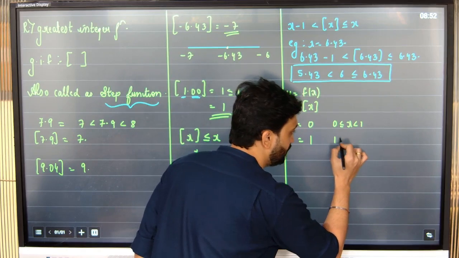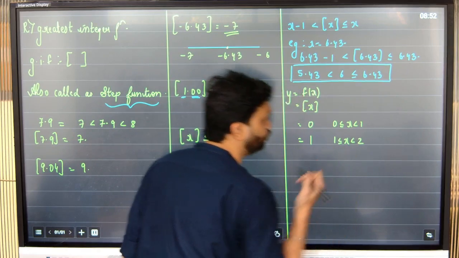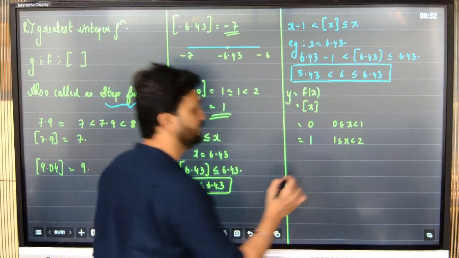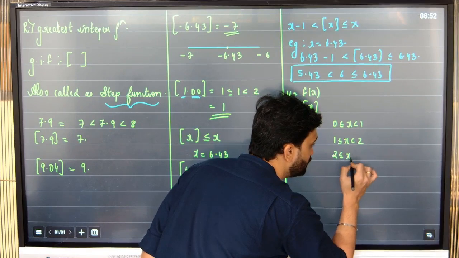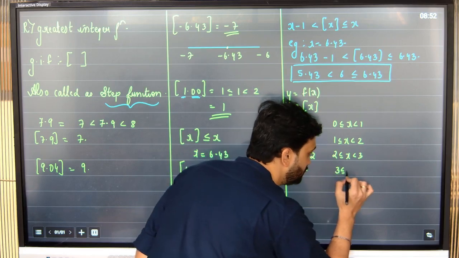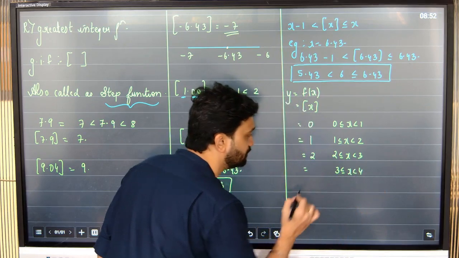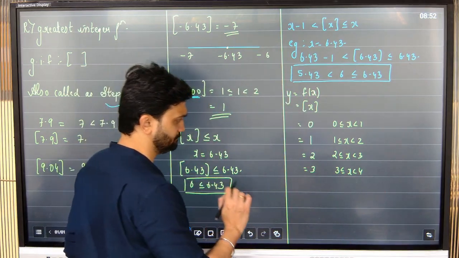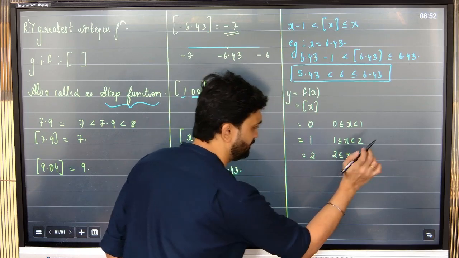Next, if I take any value between 1 and 2, my greatest integer would be 1. If I take any value between 2 and 3, can you tell me what is the greatest integer? 2. If I take any value between 3 and 4, what is the greatest integer? 3. Let's take a negative value. So for example, let's do one thing, after this we take negatives.